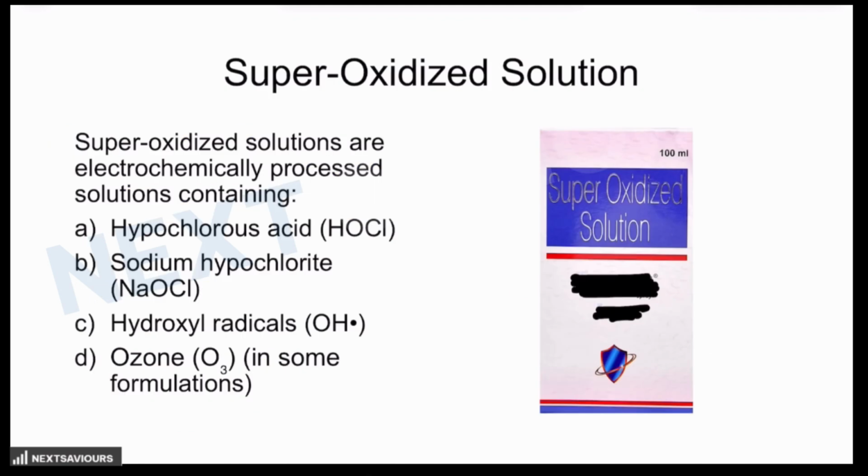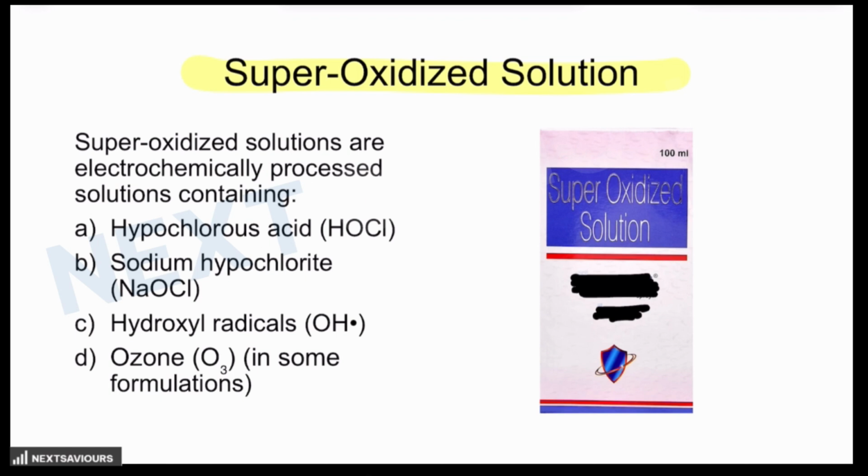Now, superoxidized solutions. You know, superoxidized solutions are novel wound care solutions which are used for infection control, wound irrigation, and biofilm disruption. These solutions have gained importance due to their broad spectrum antimicrobial activity, biocompatibility, and safety in deep wounds.